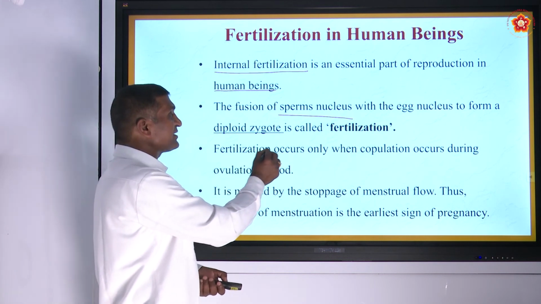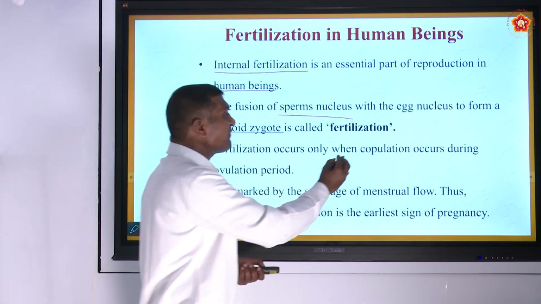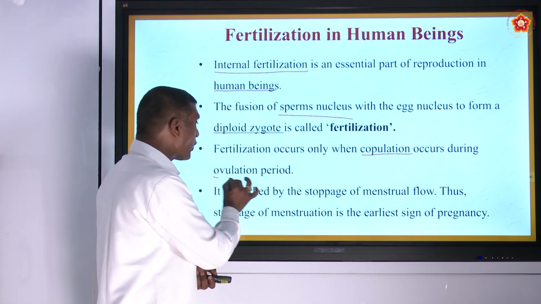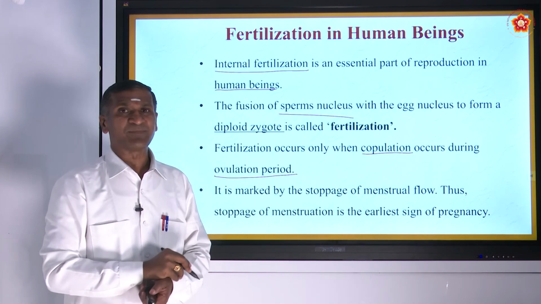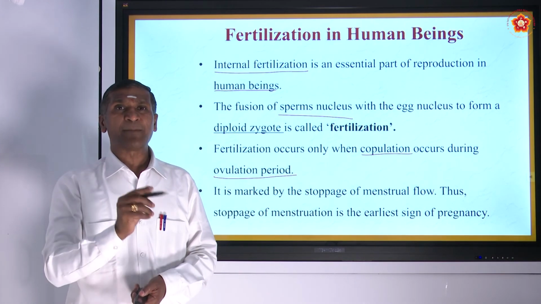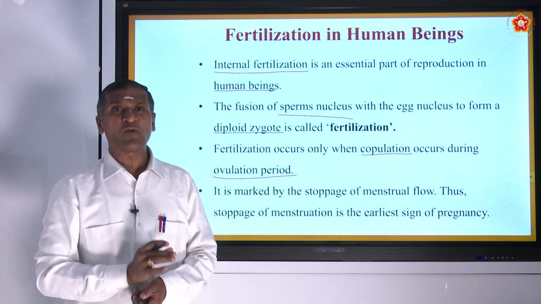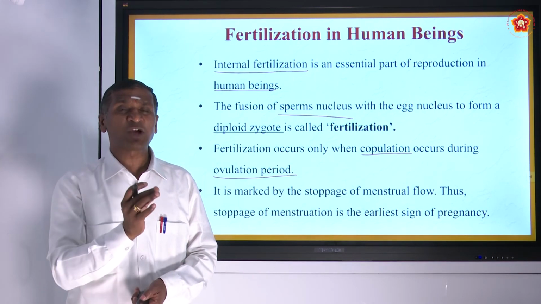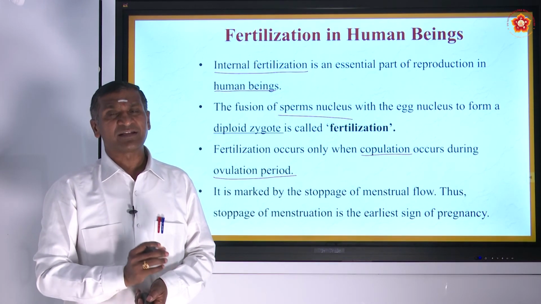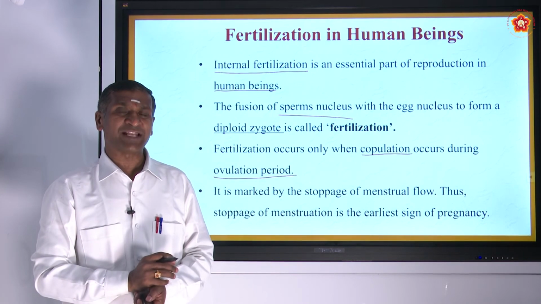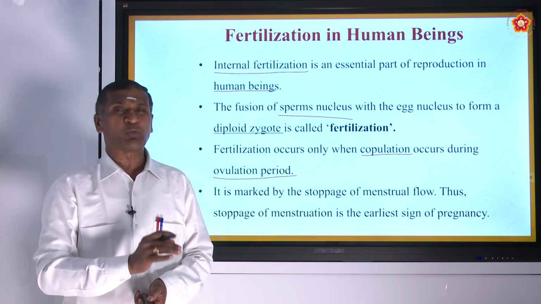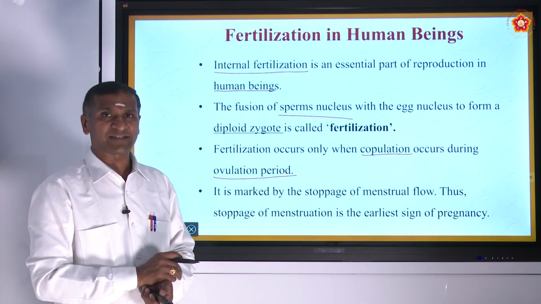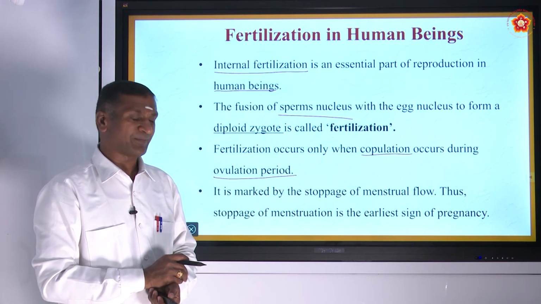Fertilization occurs only when copulation occurs during the ovulation period. So, if copulation occurs during the period of ovulation, the union of male and female gametes takes place, and then fertilization occurs for the zygote to form.